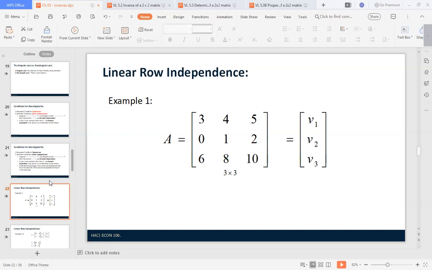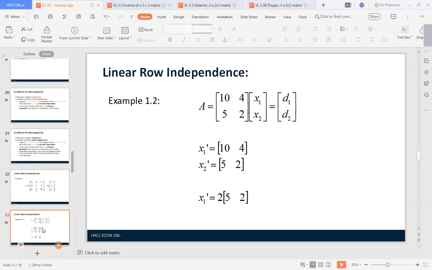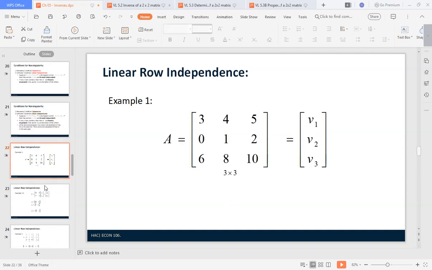In this case, this is the part where you will not get a solution value.